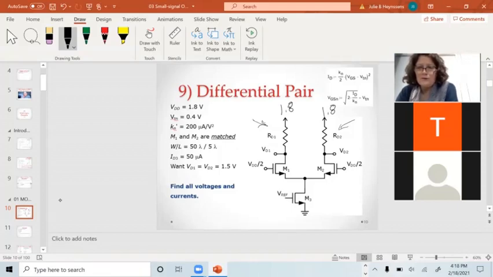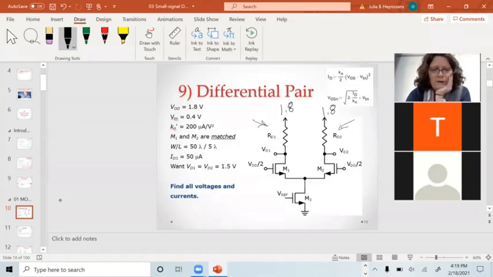It's not a great circuit for building on the board, but if you're inside an integrated circuit, you're going to put transistors where RD1 and RD2 are. They'll be matched, and M1 and M2 will be matched because they're built on the same line on the same day. And this circuit works remarkably. This is really the heart of an op-amp right here, and we'll be talking about this quite a bit.